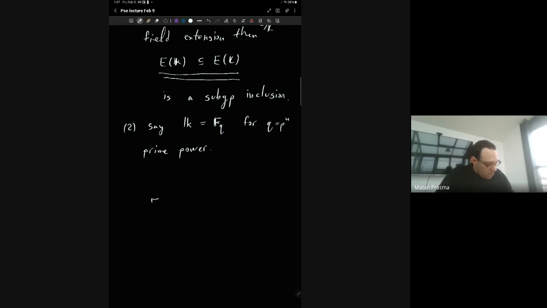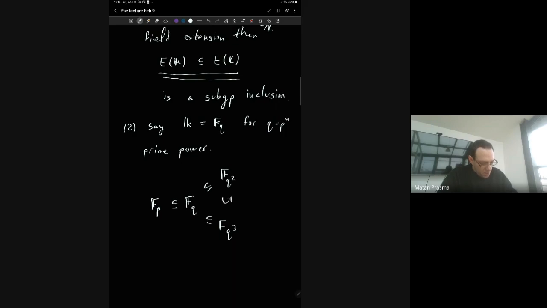Here at the bottom you have F_p, which is included in all the bigger ones, so in particular in F_q. And F_q is included in, for example, F_{q^2}, but it's also included in F_{q^3}.